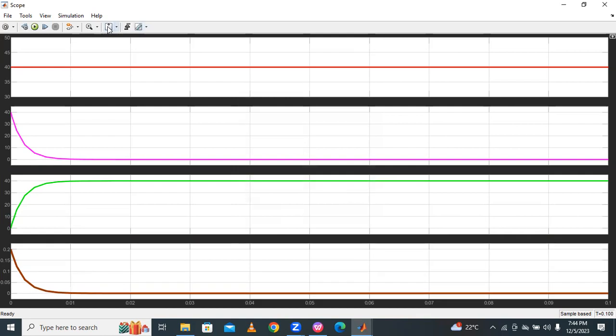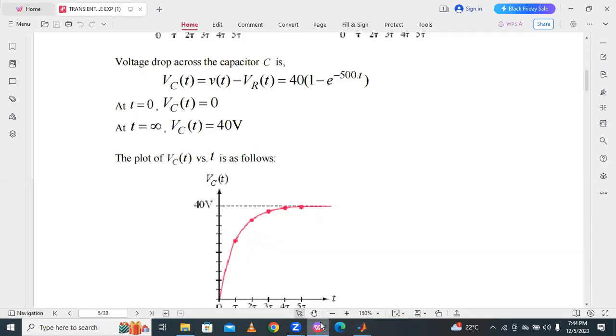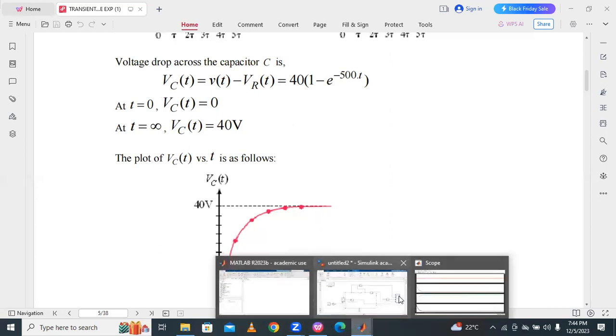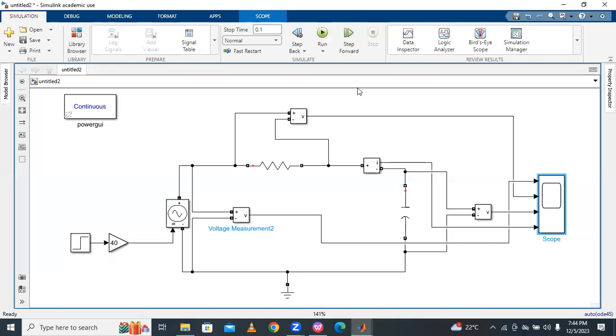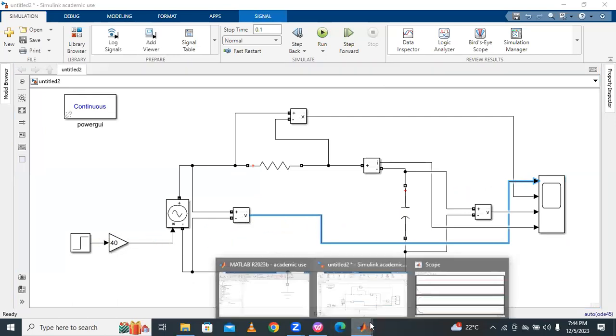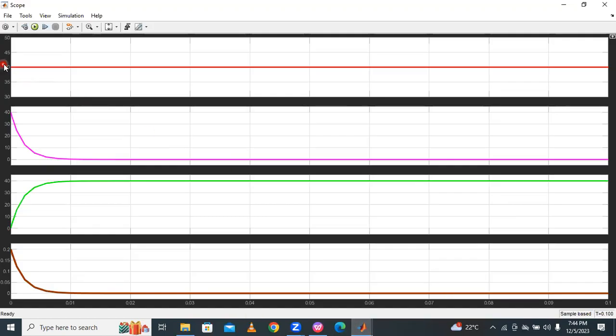So this is the response. What is the first one? In the Simulink circuit, the first one is the input voltage. The input voltage is 40 volts, the source. So verify 40 volts. This is our input voltage, 40 volts.